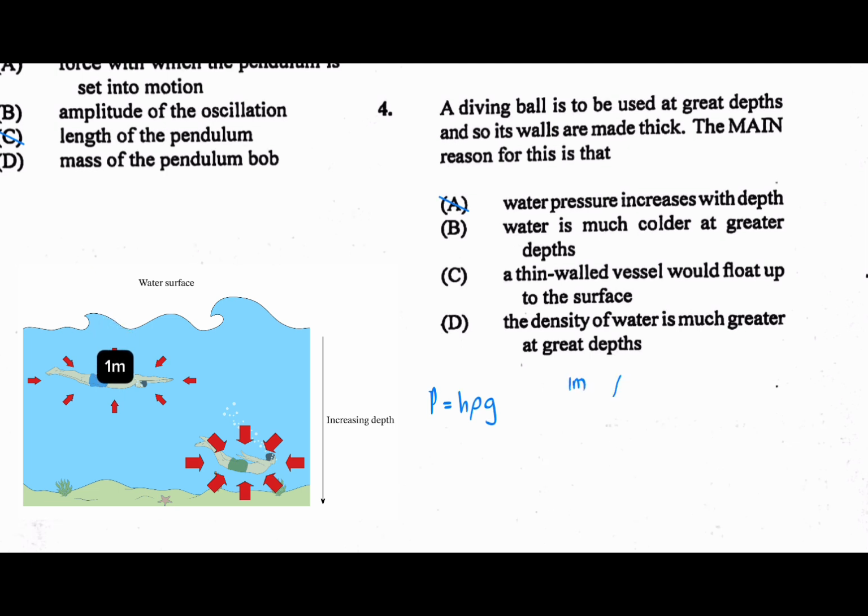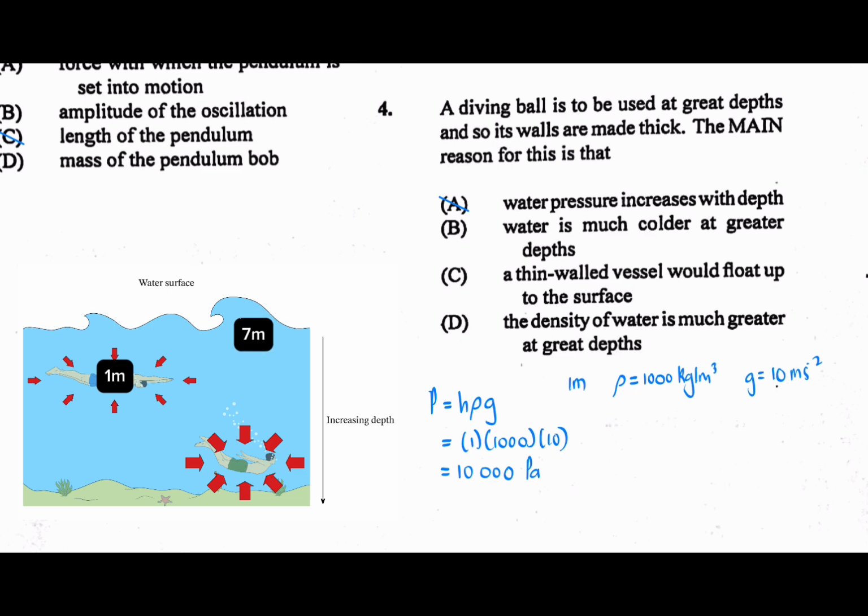Let me just say the density of whatever liquid is probably like 1,000 kg per meter cubed, and the gravity on Earth is 10 m/s squared, right? So if you were at 1 meter into some liquid, your pressure would be 1 by 1,000 by 10. Right, so that would be 10,000 pascals.